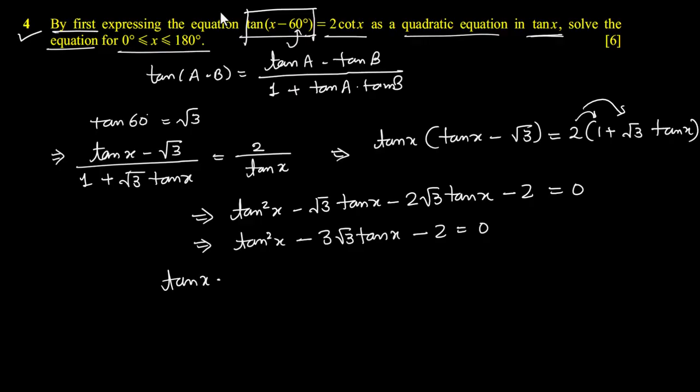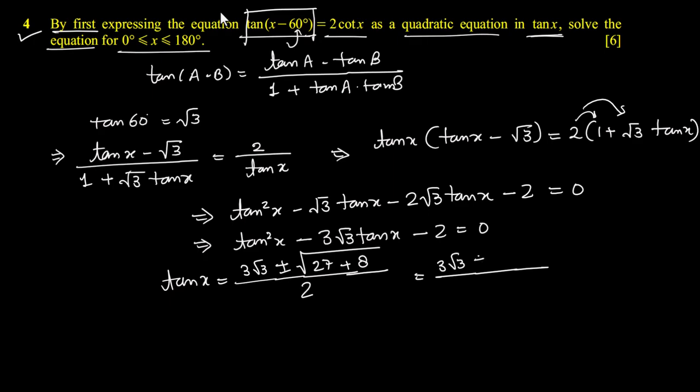So we got tan x equals minus b, meaning 2 root 3, plus or minus the square root of b squared, meaning the square of 2 root 3, that becomes 12, minus 4ac, so it becomes positive 4, over 2, meaning this is root 3 plus or minus 2. Now we will calculate this value.